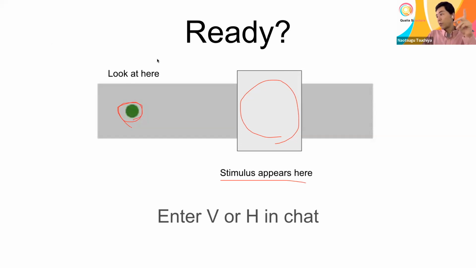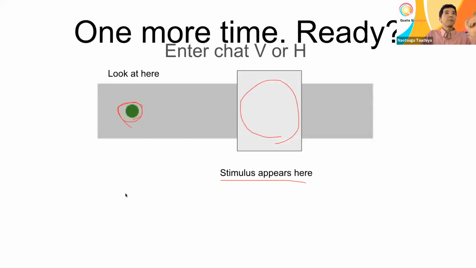I'm going to show it only very briefly, so you may not see it very clearly, but type V or H. Okay, 3, 2, and you don't move your eyes from the green. That's important. 3, 2, 1, 0. V, H, H, V. Okay, one more time.